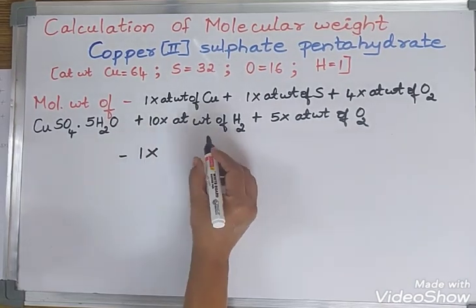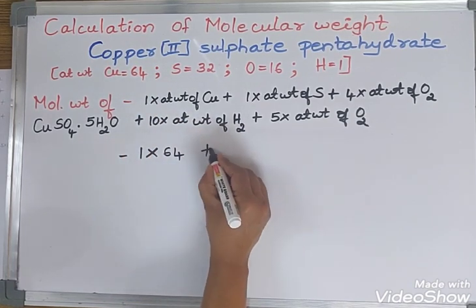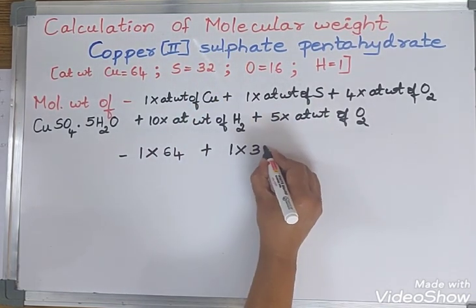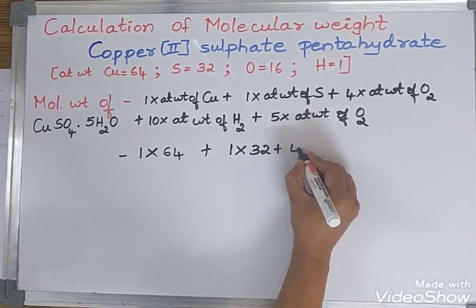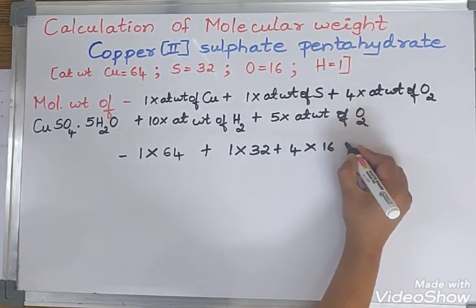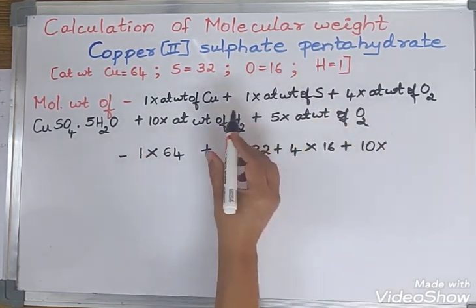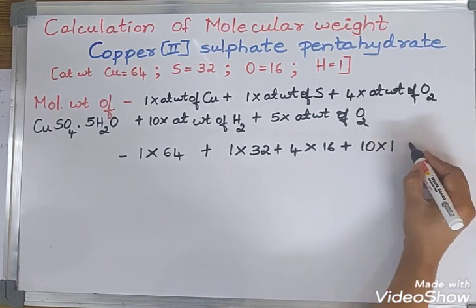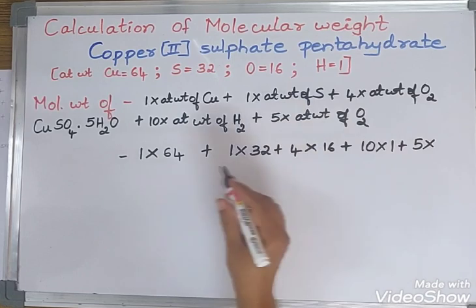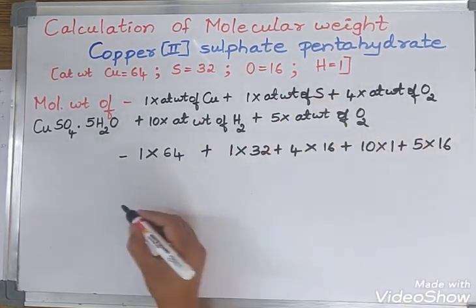Now we'll substitute the values. 1 into atomic weight of copper, that is given as 64, plus 1 into atomic weight of sulfur given as 32, plus 4 into atomic weight of oxygen given as 16, plus 10 into atomic weight of hydrogen, which is 1, plus 5 into atomic weight of oxygen, we have 16.